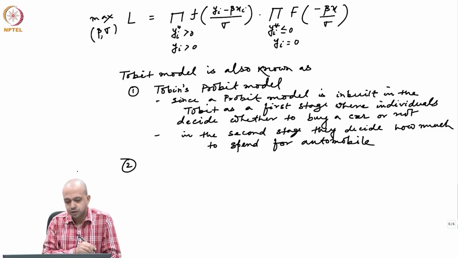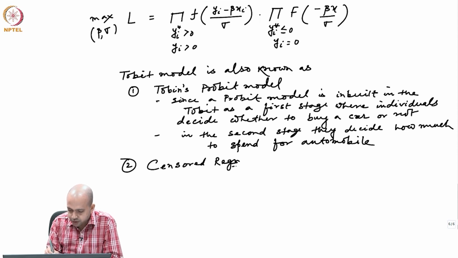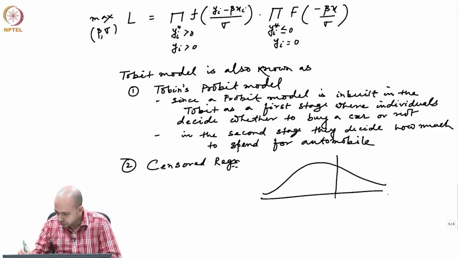And secondly, this is also known as a censored model, censored regression. Why is this censored regression? Because if you look at the diagram once again, this is x, this is f of x, and this is minus beta xi by sigma.